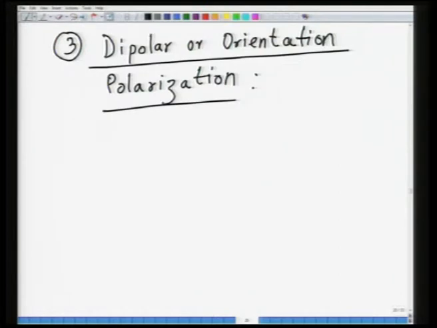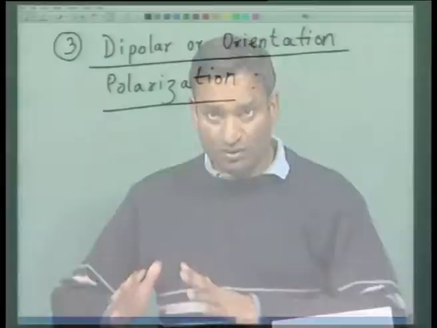Now, in this category, unlike the previous two cases, again here also you have separation of positive and negative, again you have formation of dipoles, but what happens here is, when you apply electric field, you have reorientation of molecular dipoles in the direction of the applied field.